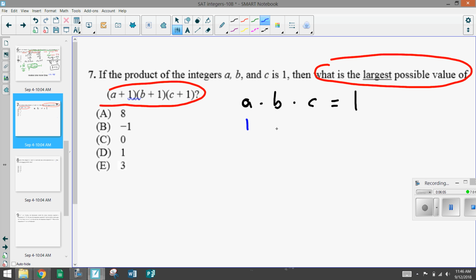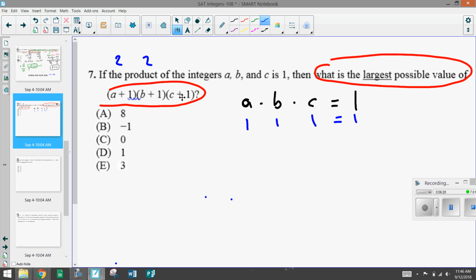Okay, let's try that. Good job. 1 times 1 times 1 is equal to 1. Okay, what is the next step? Question is here. What is the result? You know a, you know b, and you know c. a is 1. 1 plus 1. b is 1. 1 plus 1.